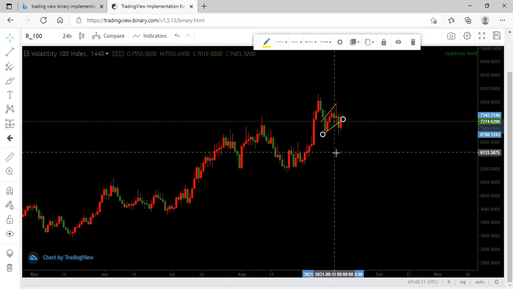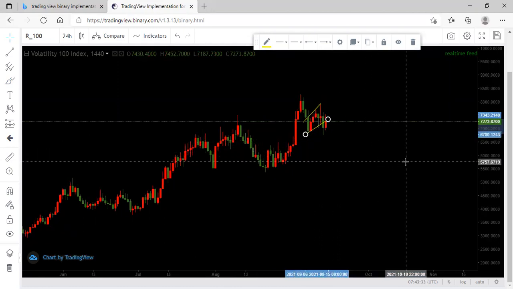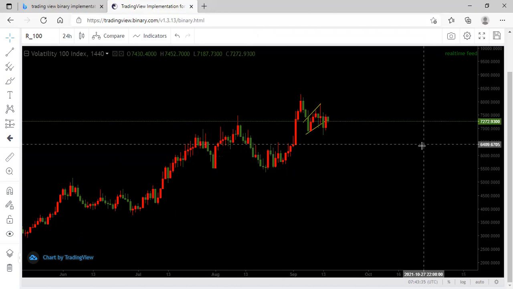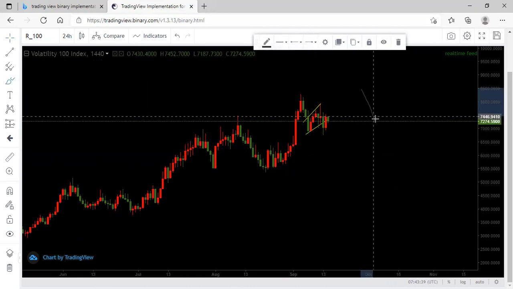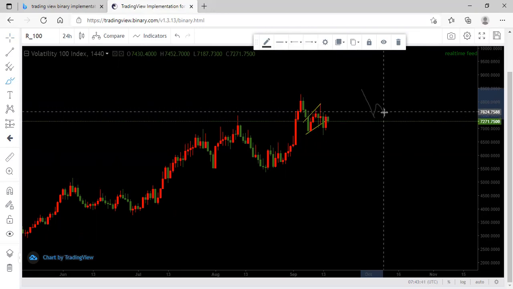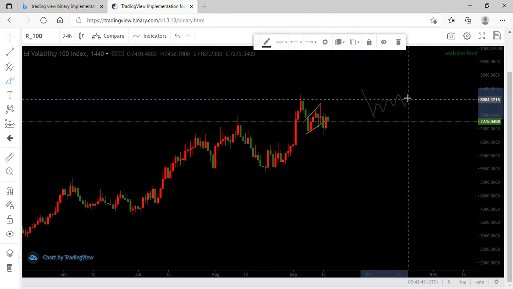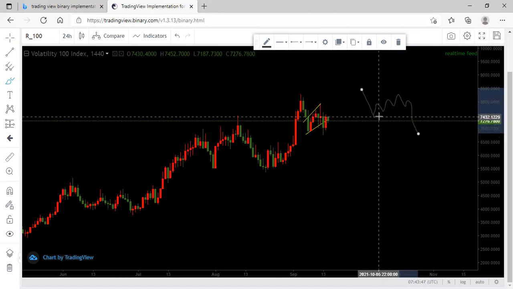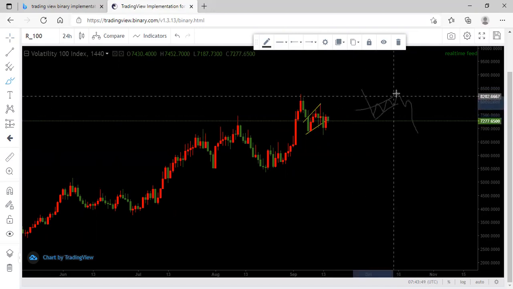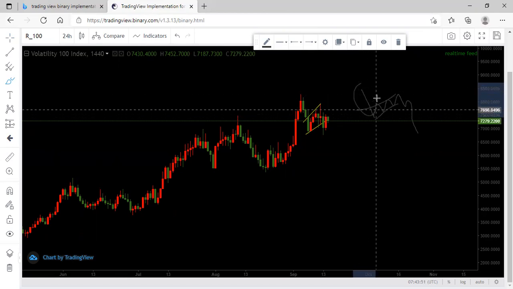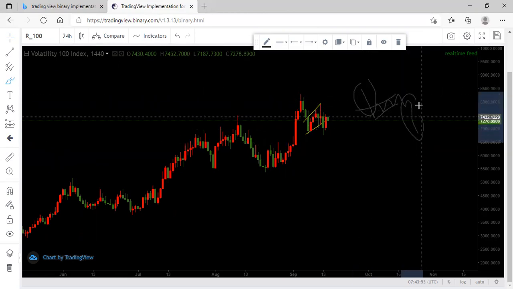So as you can see here, now we are having this kind of pattern. We are having this impulsive move to the downside, then correction. What we are expecting next is an impulsive move to the downside, the second leg of this correction. So we have the first leg and this is the second leg.